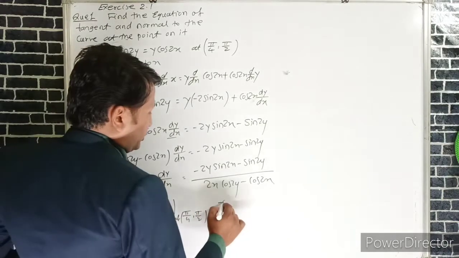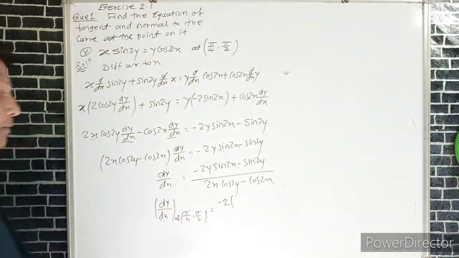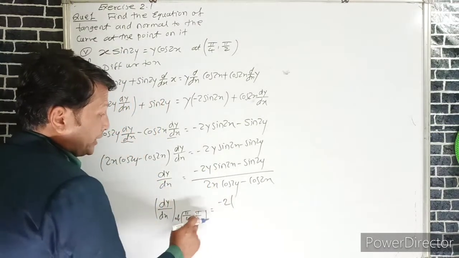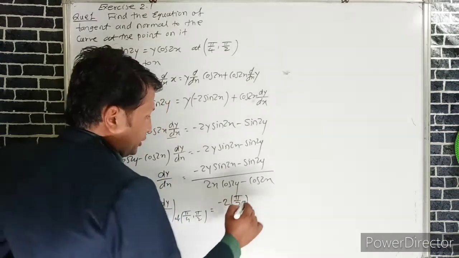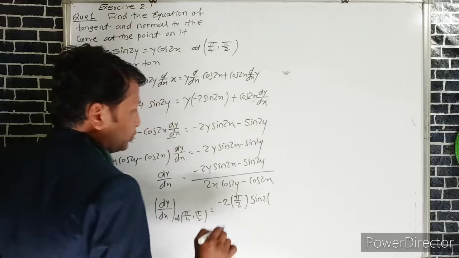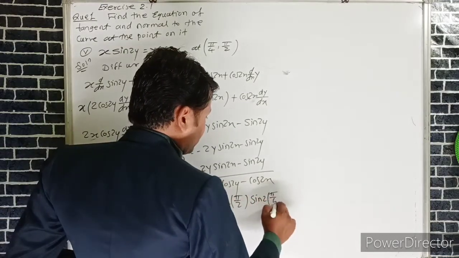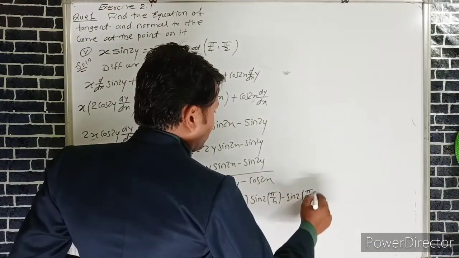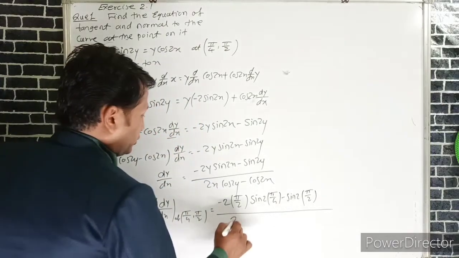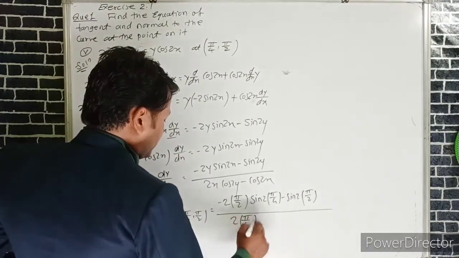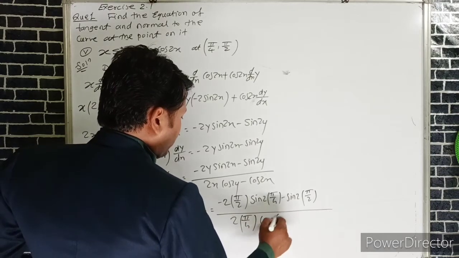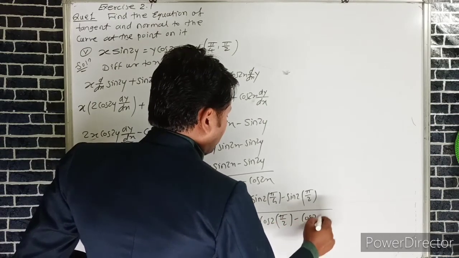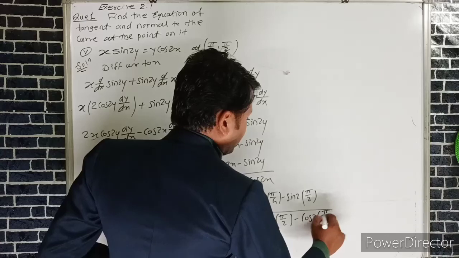Here minus 2y, the value of y being pi by 2, so 2y is pi, into sine of 2 into the value of x, which is pi by 4, minus sine of 2 into the value of y, which is pi by 2, upon 2 into the value of x, which is pi by 4, into cos of 2 into the value of y, which is pi by 2, minus cos of 2 into x, which is pi by 4.